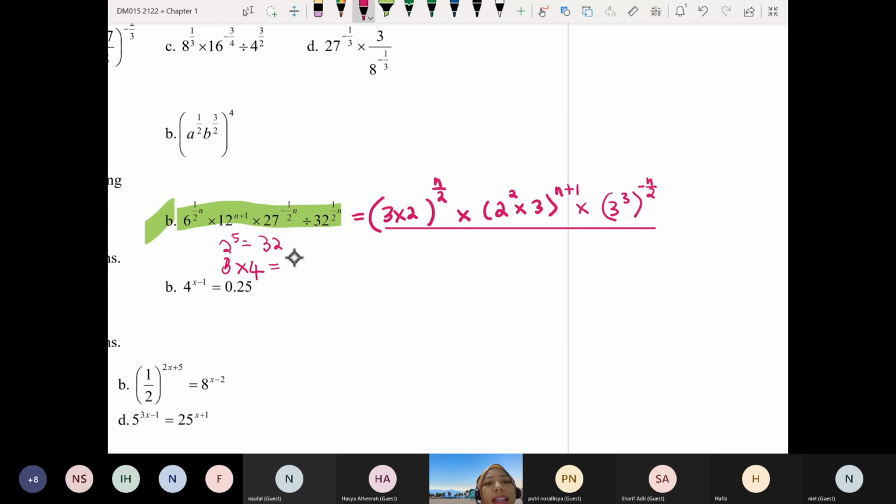But then later on, 8 is basically 2 to the power of 3. And then 4 is basically 2 to the power of 2. So you have many steps nak dapatkan 2 to the power of 5 tu. So better, kalau you memang dah nampak dia punya base dia berapa, base 2 and to the power of berapa, you terus straight away masukkan. So your working will become more neat lah. Lebih kemas.